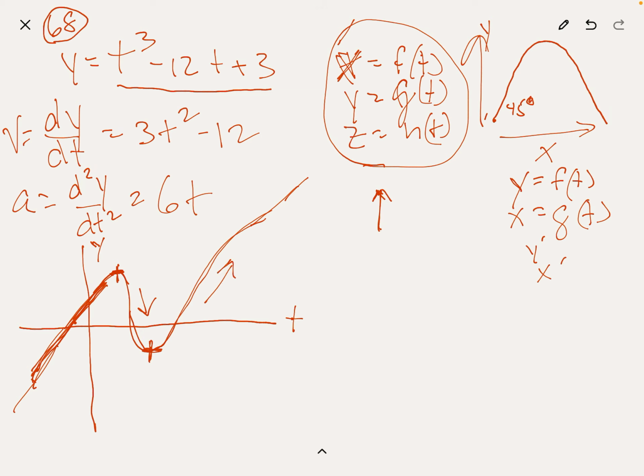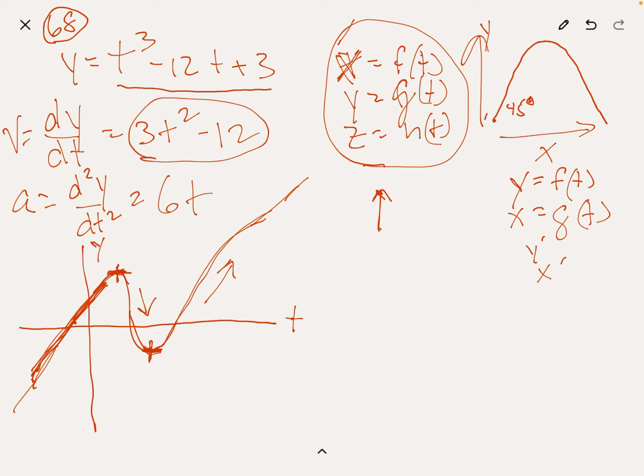So the point is, when is the derivative, the velocity, positive, and when is it negative? That means we have to find out when it equals 0, because the velocity is 0 at this maximum and this minimum, okay?